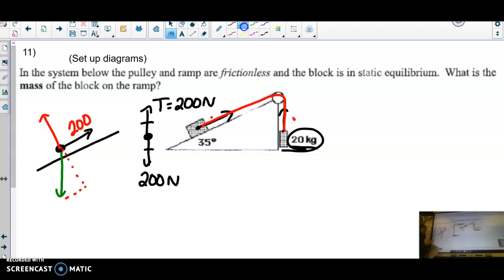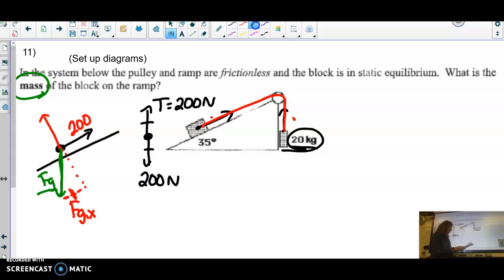You can use the fact that this has to be in equilibrium to figure out how big this component is. And once you know the x component of gravity, then you can find the weight of the object. And once you know the weight of the object, then you can easily work back and calculate the mass.